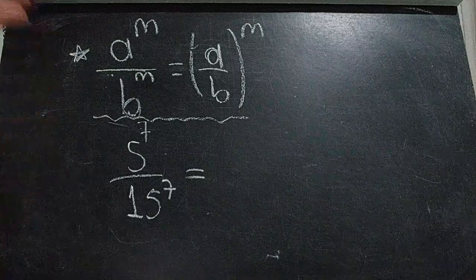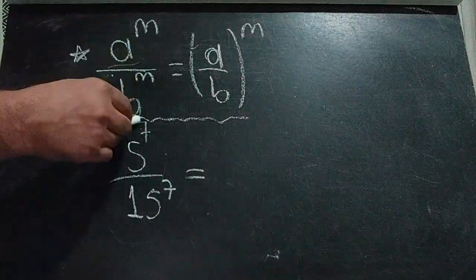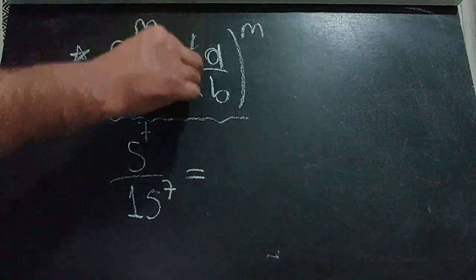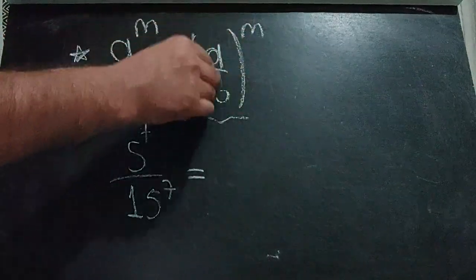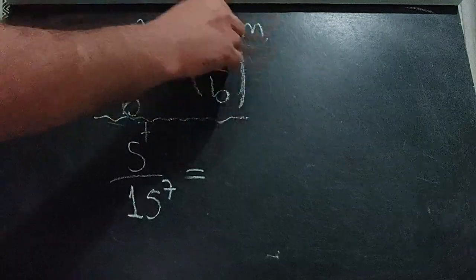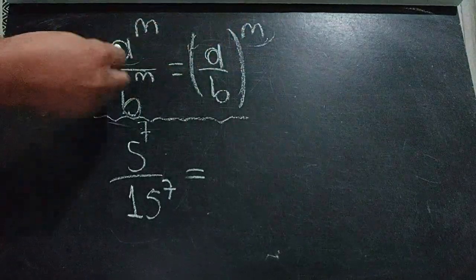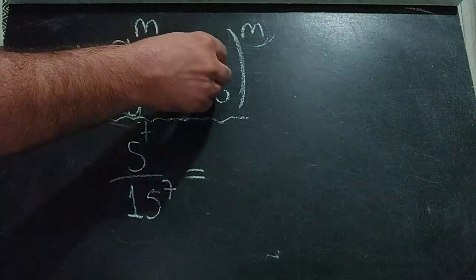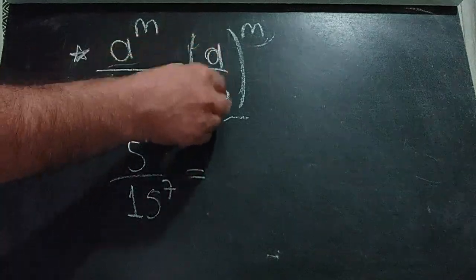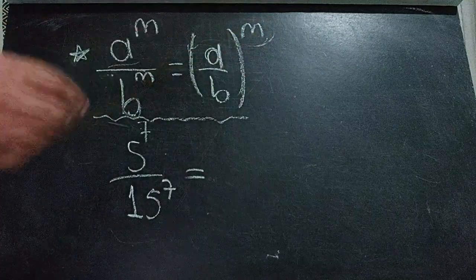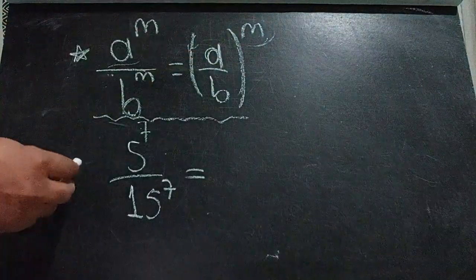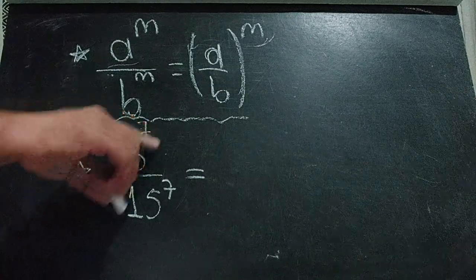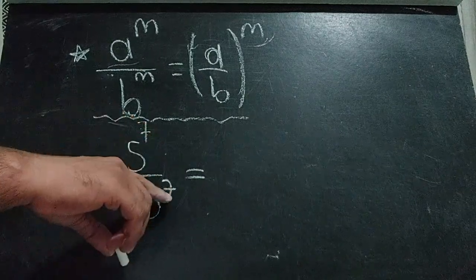Alright, now, if you have different bases and the same power, this can be written like this too. A over B in brackets power m. If you have A power m over B power m, this can be written as A over B power m. So where do we use this one? See, for example, for this question, 5 power 7 over 15 power 7.